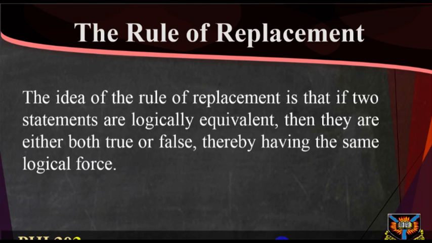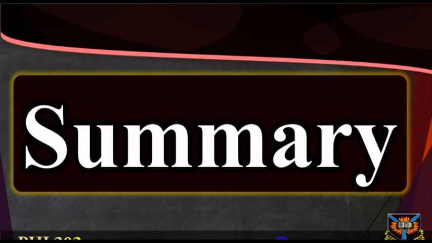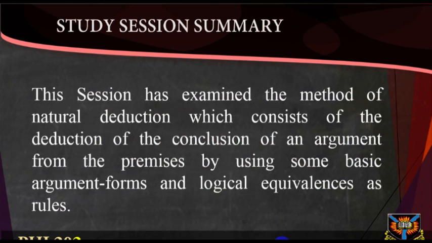Study section summary. In this study section, you learned that the method of natural deduction consists of the deduction of the conclusion of an argument from the premises by using some basic argument forms and logical equivalencies as rules.